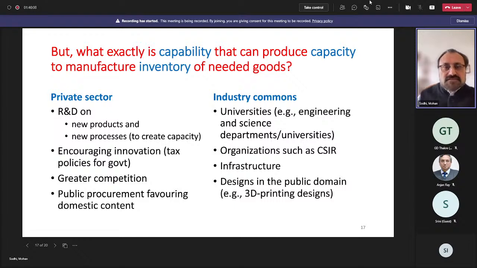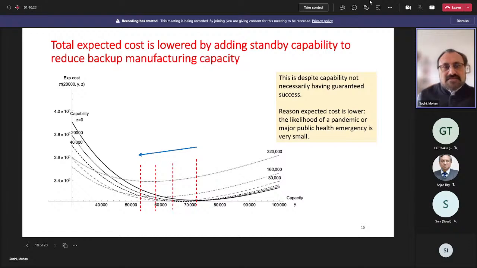If we have universities, engineering schools, and science departments, we have organizations such as CSIR, we have infrastructure, and we have designs that are created in the public domain so that industry can pick them up and make them, that kind of investment is what we call capability.